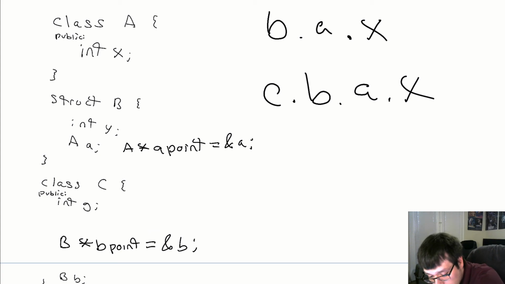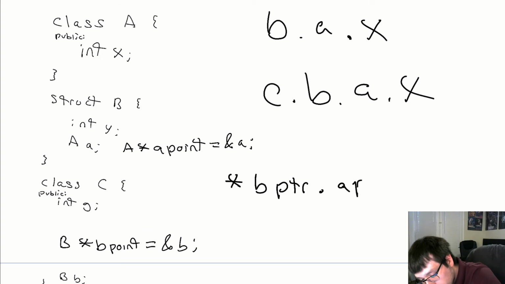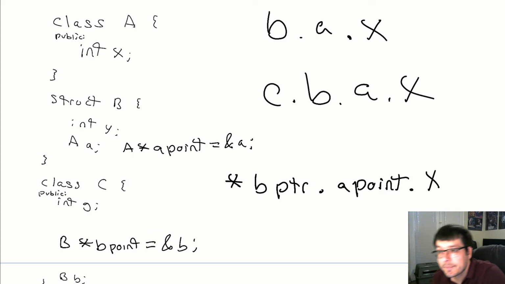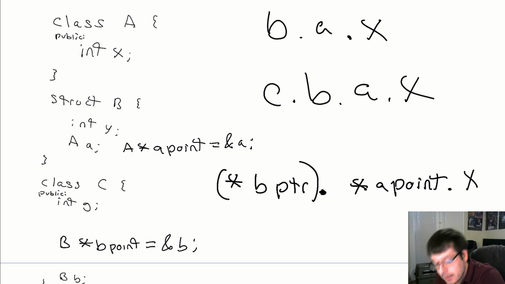Okay, so again, we start with the BPTR as we've done before. Oh, actually, instead of A here, we want to use the pointer, of course. So what this will look like is BPTR.aPoint.x, right? However, this aPoint is also a pointer, so we need to add an asterisk to the aPoint one. We could try doing this, but that's not really gonna work because it's gonna get super confused.